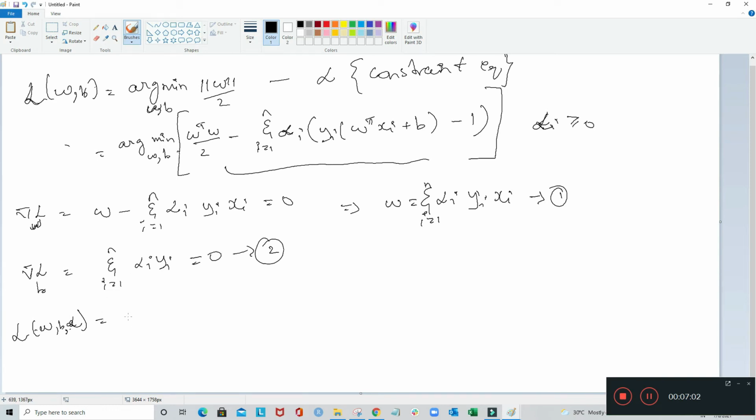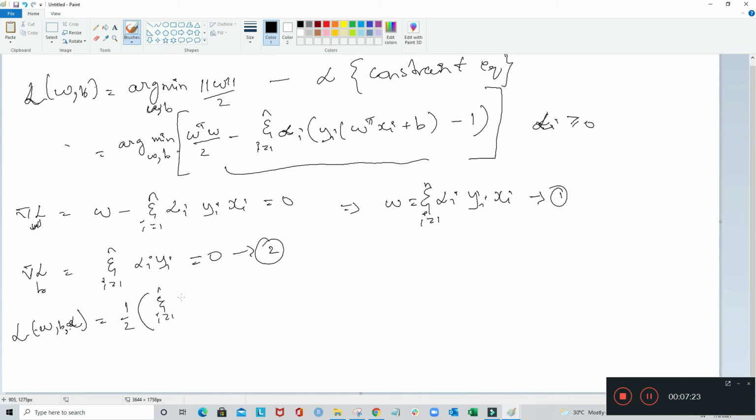Now it becomes 1 by 2 summation i equals 1 to n. We know w is alpha y xi, right?